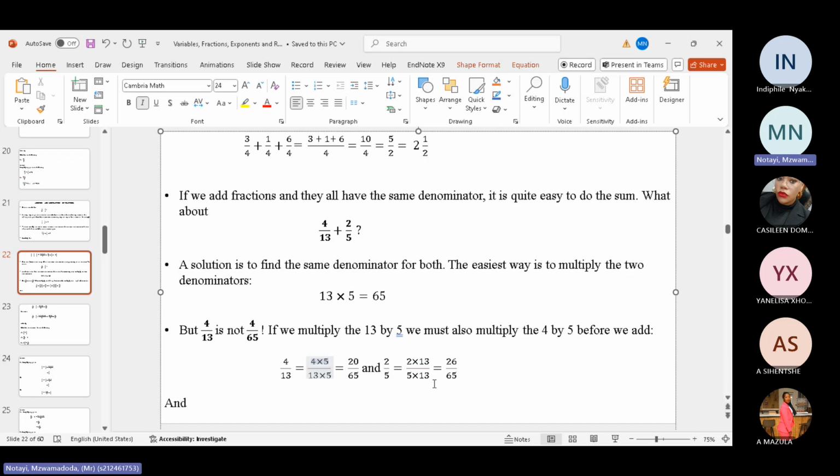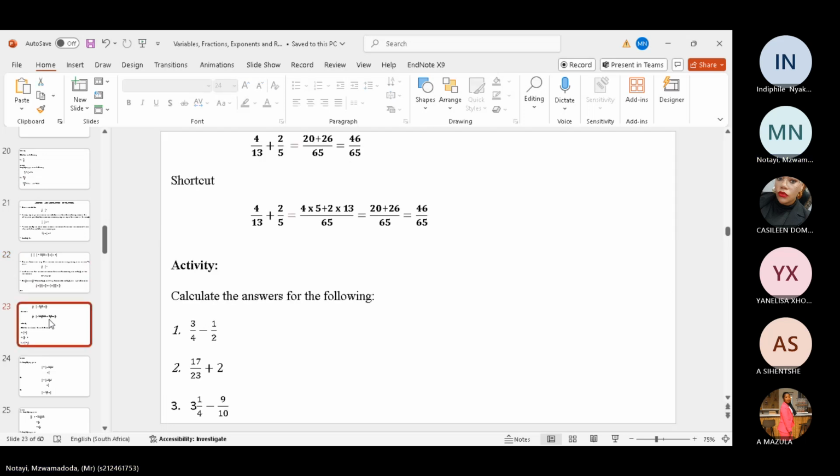So we've converted them to have the same denominator of 65. So we can now add them. So 4 over 13 plus 2 over 5 is equal to 20 plus 26 over 65, which is equal to 46 over 65.